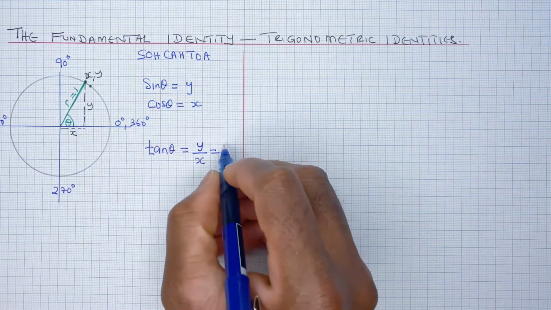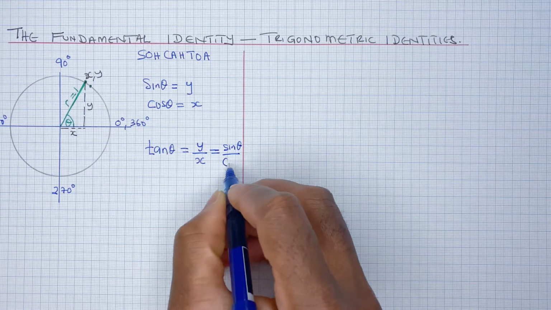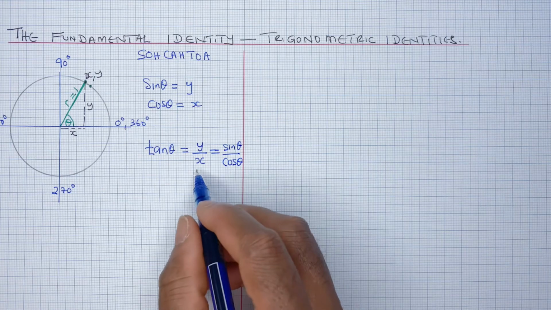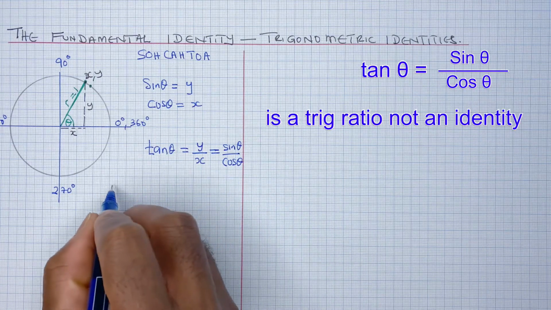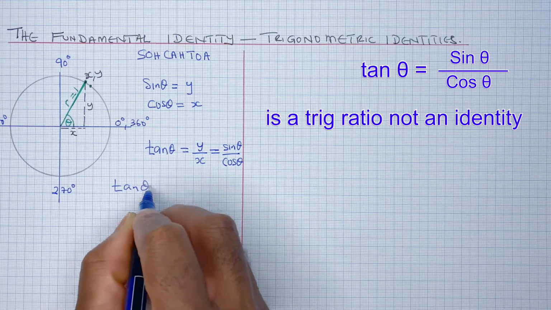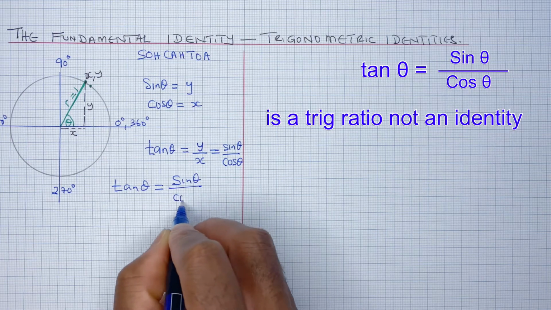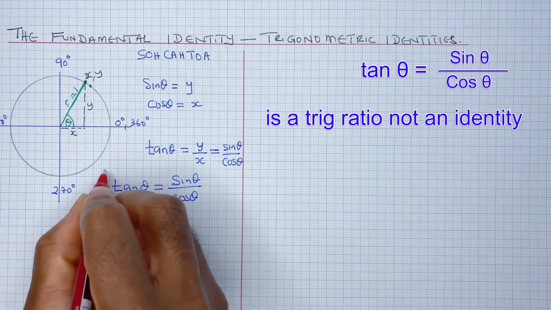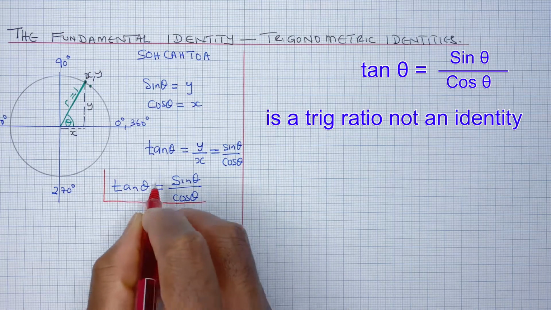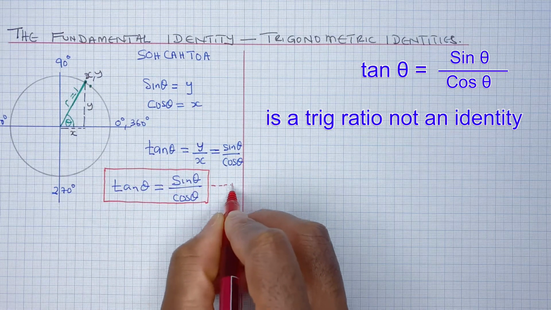Y over x is sine theta over cos theta. X is cos theta, y is sine theta. Therefore, tan theta is sine theta over cos theta. And that's the first fundamental identity that we need to know. So let's call that identity number 1.